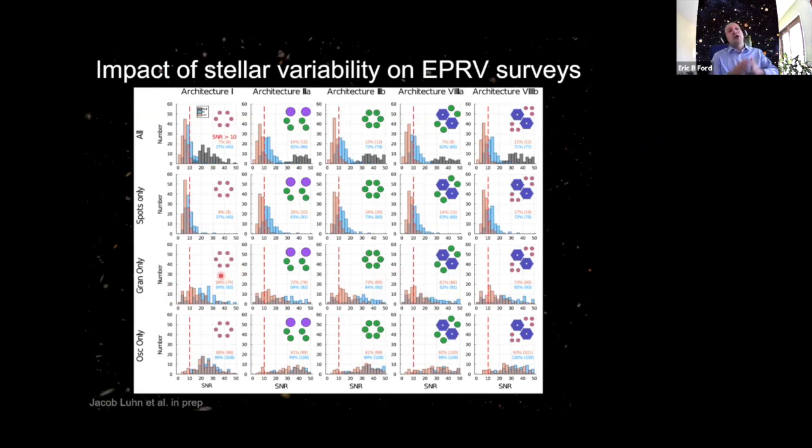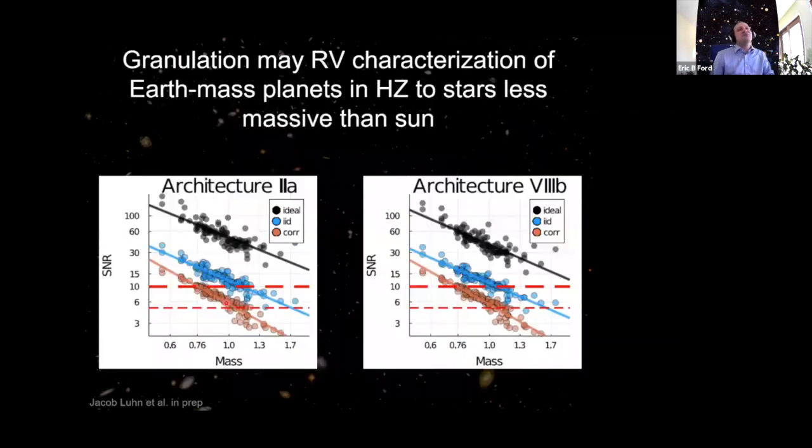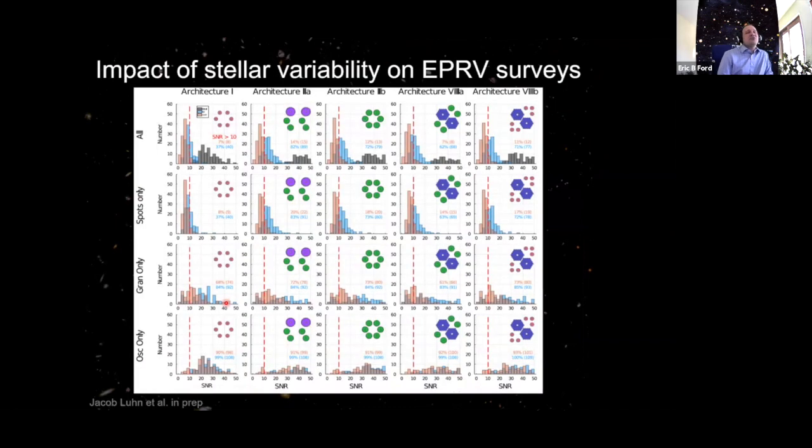They're using longer exposure times that do start to mitigate a little bit of the granulation. And so when we were thinking about which of these architectures are best, before, this architecture looked like it was the worst. But it's a whole lot cheaper than 6 meters. And if you're going to go to a 15-year survey anyway, I might have another slide, maybe for this afternoon, showing how it goes as a function of time.